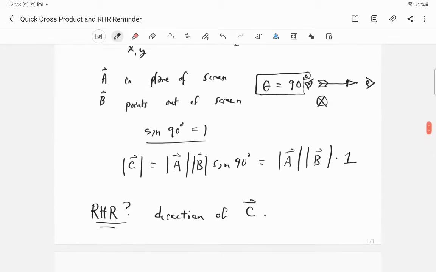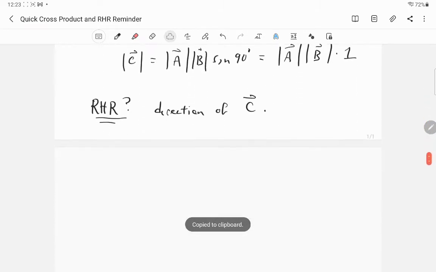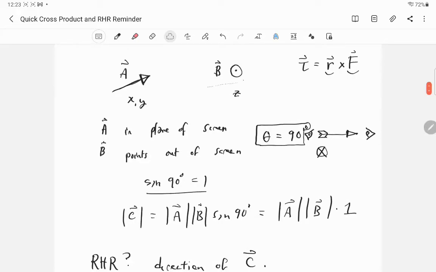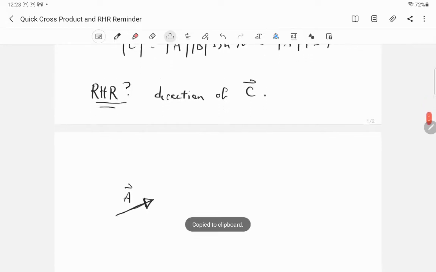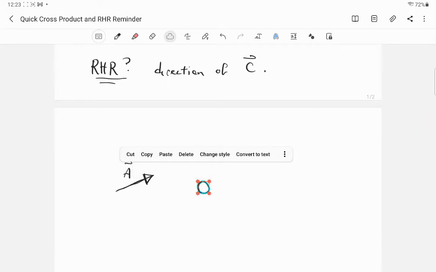So how do we do the right-hand rule? Let me move these two vectors down, so I'll copy and paste it here, and then I'll copy and paste that one here. Let's see.